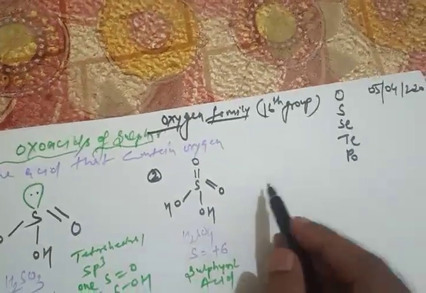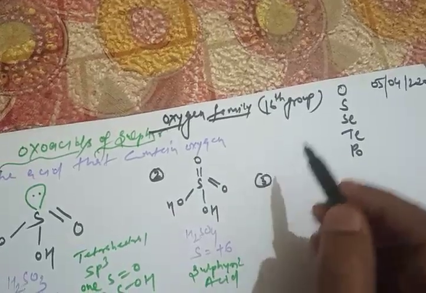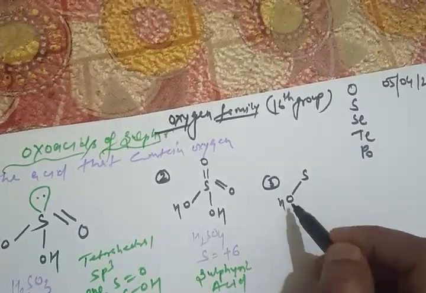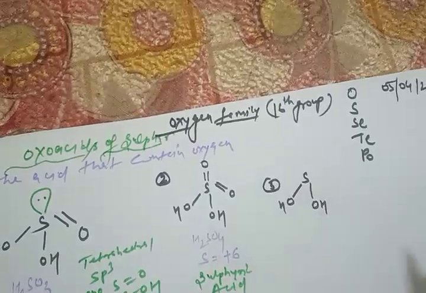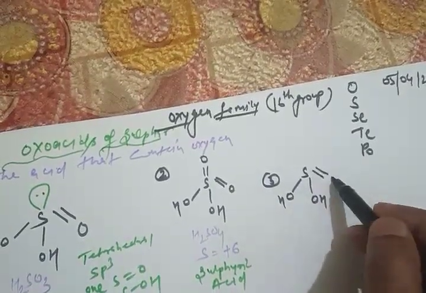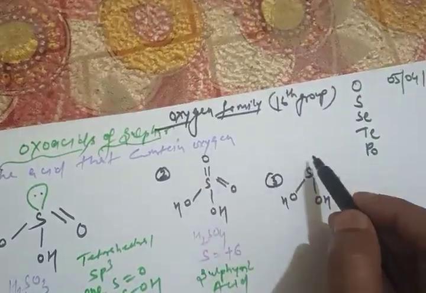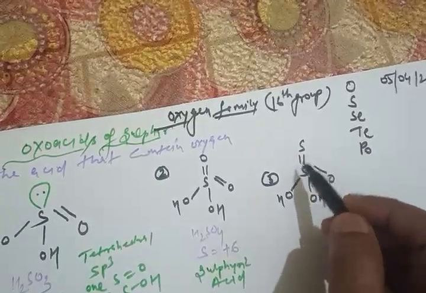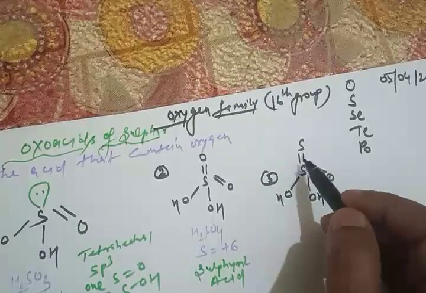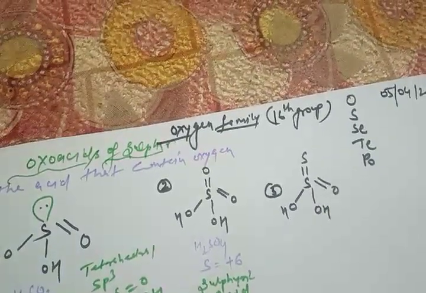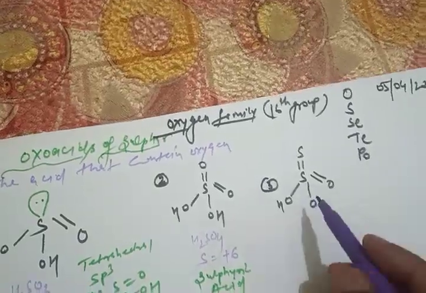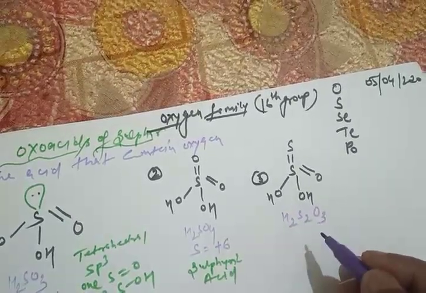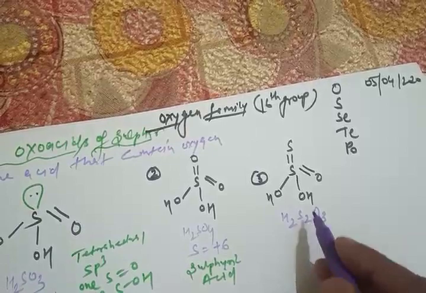Now the third one: SOH, no problem with this, SOH, no problem with this, S double bonded with O. The change in this case is that here S is doubly bonded with S, and this type of linkage is called thio linkage. So here the formula is H2S2O3, 1 2 3.